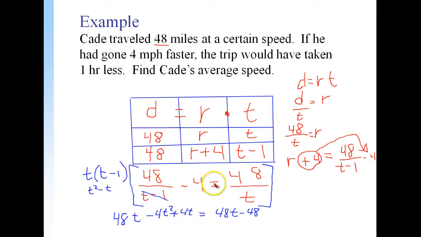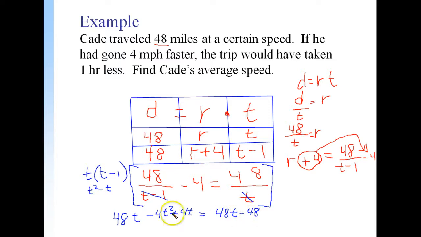Okay, now there's my equal sign. I'm on the other side. I'm going to cancel out this t now with this t over there, and I'm left with this. So I get 48 times t is 48t. 48 times a negative 1 gives me a negative 48.